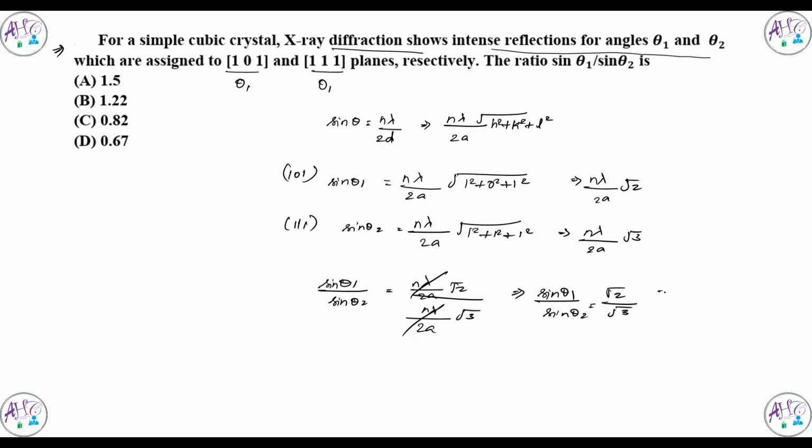The root 2 value is 1.414, the root 3 value is 1.732. If you solve, this is going to be equal to 0.816, almost equal to 0.82. So your option C is the correct answer.